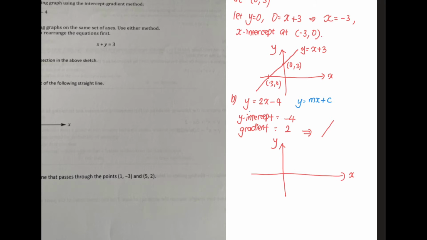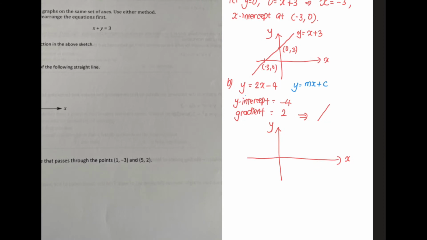What we do is we mark the y-intercept on the graph, minus 4, and then when the gradient is 2, which is a positive number, we just draw a straight line going up, and that's all, just like that. You may label it y equal to 2x minus 4. Okay, so let's look at C then.